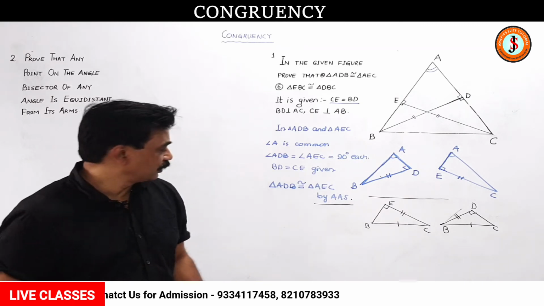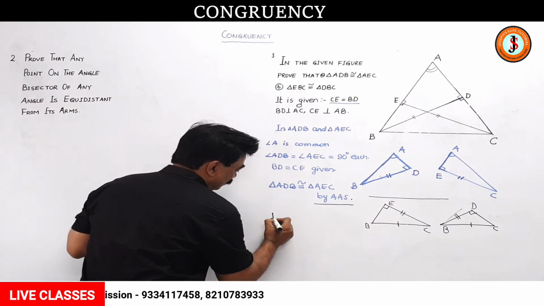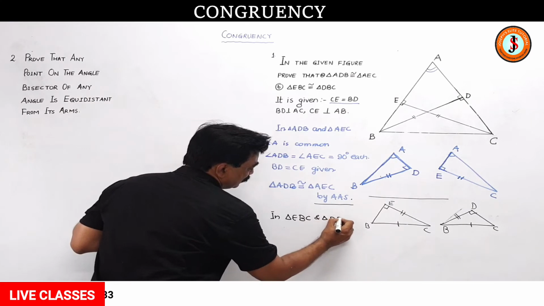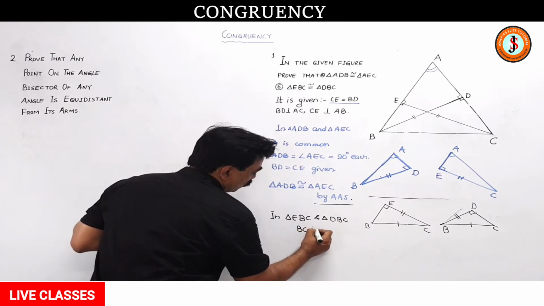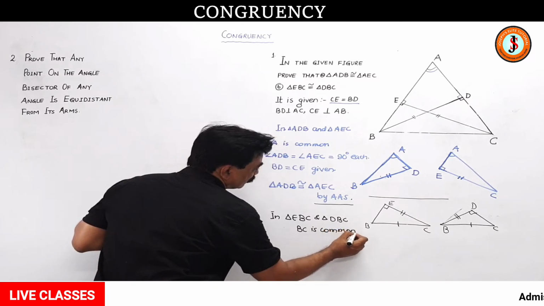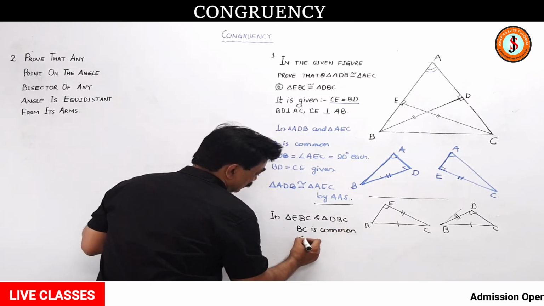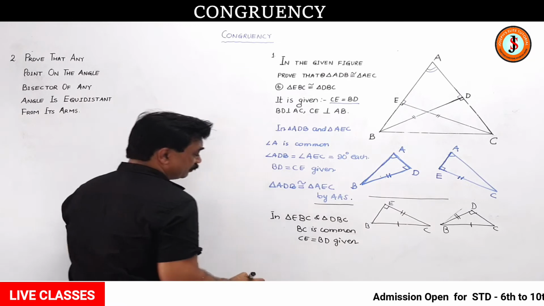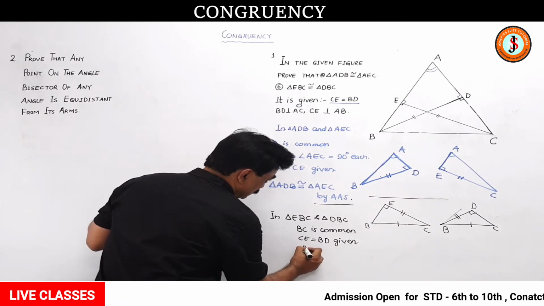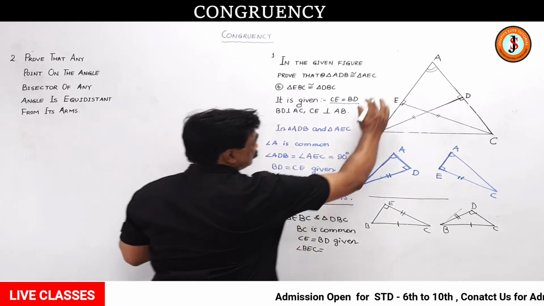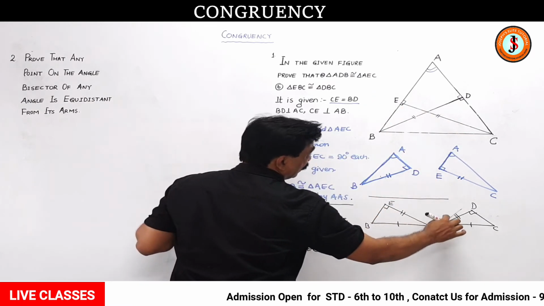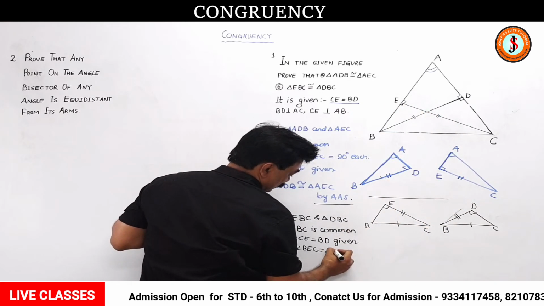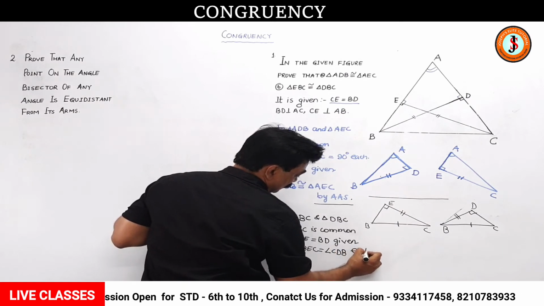So, what we can write over here is, in triangle EBC and triangle DBC, base BC is common. Alright. CE is equal to BD, it is given, and angle BEC is equal to angle BDC, each 90 degree.